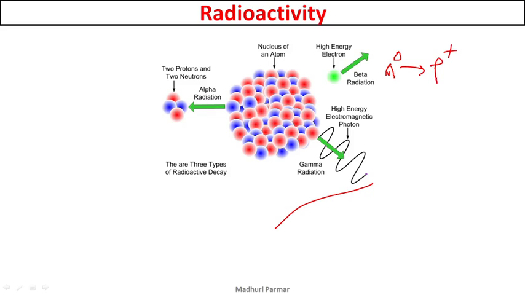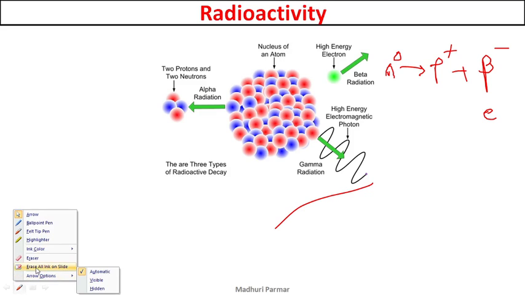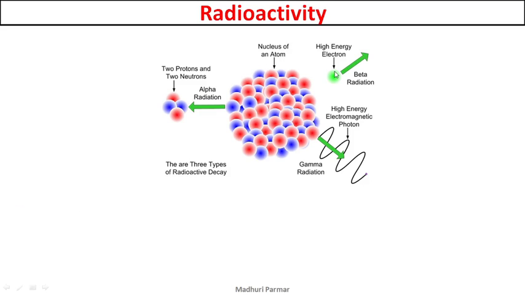To balance this, both sides should be balanced, so along with the proton, it synthesizes a beta particle. Beta particles have negative charge and are nothing but electrons formed inside the nucleus. Because they cannot stay inside the nucleus, they are thrown out at high speed. So they are high energy electron particles, or beta radiation.